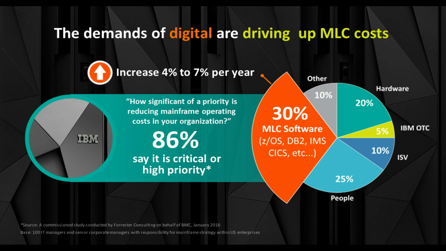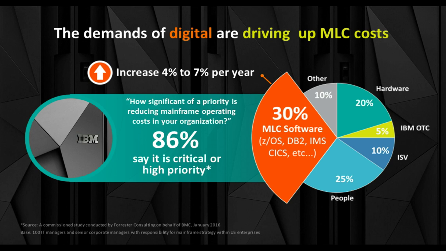And generally, we ask our customers how significant a priority it is to reduce the operating costs in their environment, and we have found that 86% generally say it's a pretty high priority for them. They want to get a handle on the costs of operating the mainframe environment.